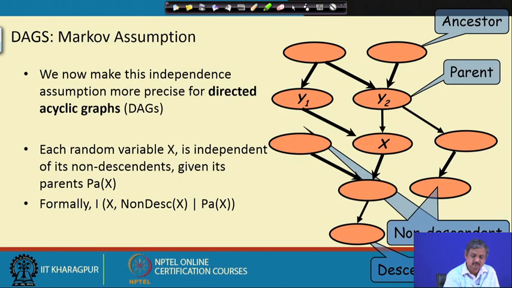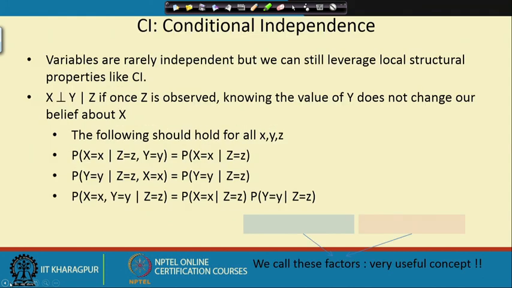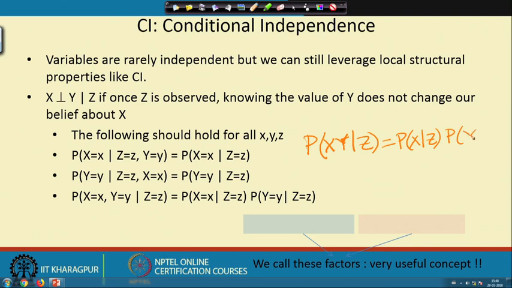Conditional independence, this fact that probability, let me write as X, Y. Conditional independence is written by this notation, X perpendicular to Y given Z. So, this is the symbol for independence.